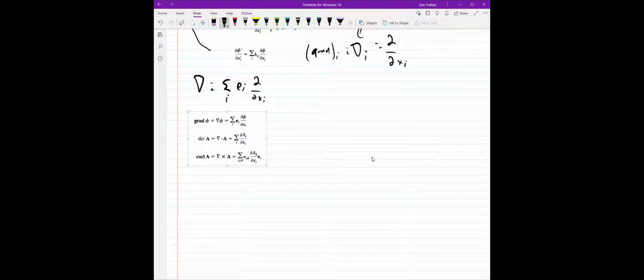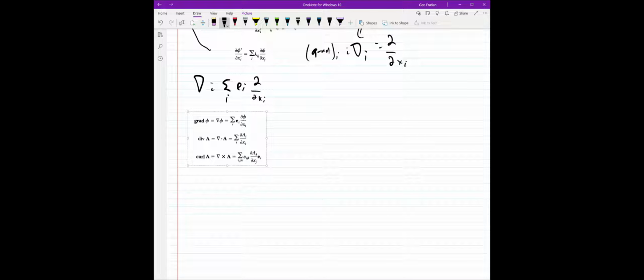You just dot the two together, because the gradient is still a vector. And then the curl is where you cross them. The divergence basically tells you how much something diverges at a point, so how much it points towards it or not. 3Blue1Brown has a fantastic video on this. And the curl tells you literally how much the vector field curls at a point.